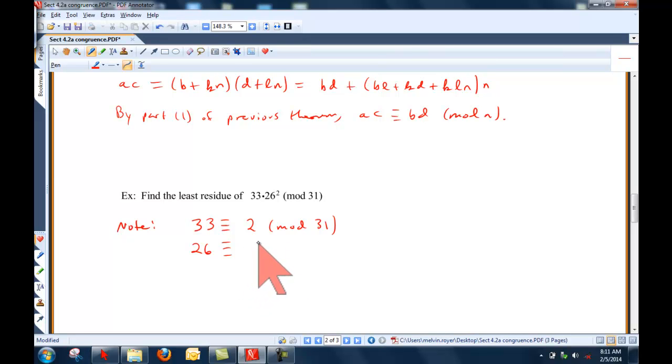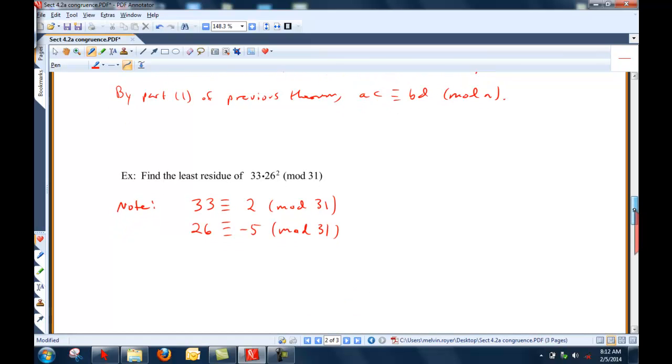In particular, if I'm going to be doing this computation by hand, I'd like the numbers to be as small as possible. So I can freely add and subtract multiples of 31 to maintain something that is congruent to 26. If we take 26 minus 31, we get negative 5. That's another true statement.